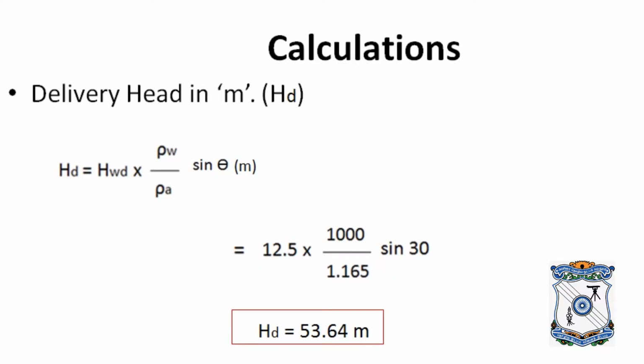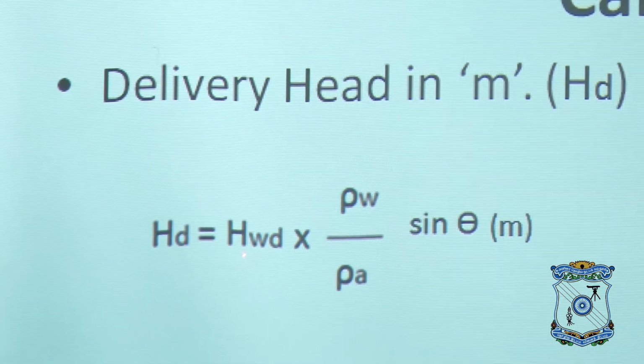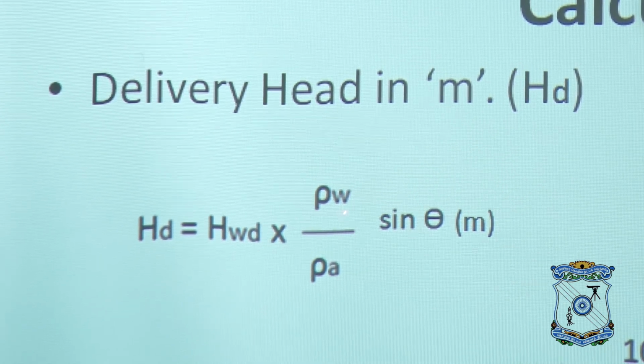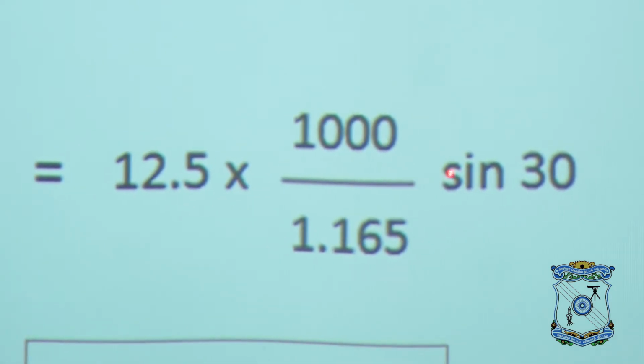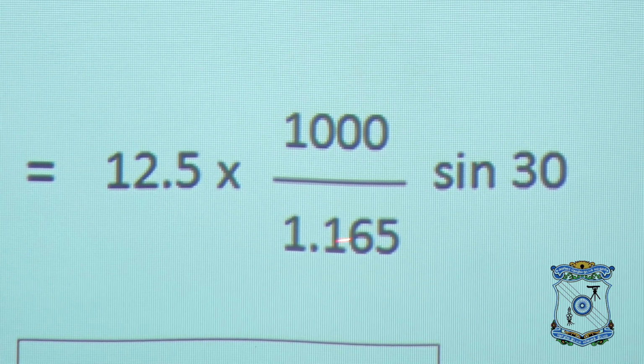Then the delivery head, with the help of this formula: HD is equal to HWD, which is known to us, into density of water by density of air into sine theta. That is 12.5 from the reading, into 1000 divided by 1.165, the density of air, into sine 30.